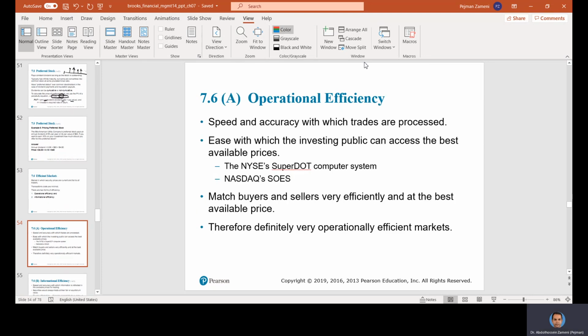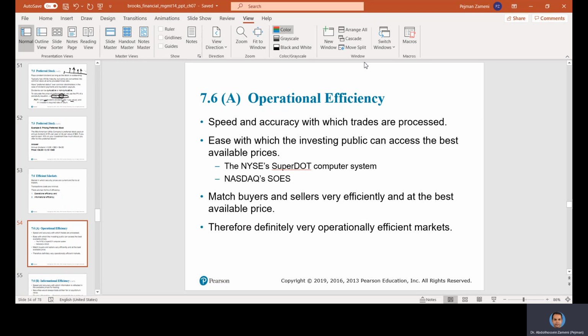What is operational efficiency? It is the speed and accuracy with which trades are processed. When we are buying and selling shares, the speed and accuracy of the price matters. Otherwise, the market would be operationally inefficient.